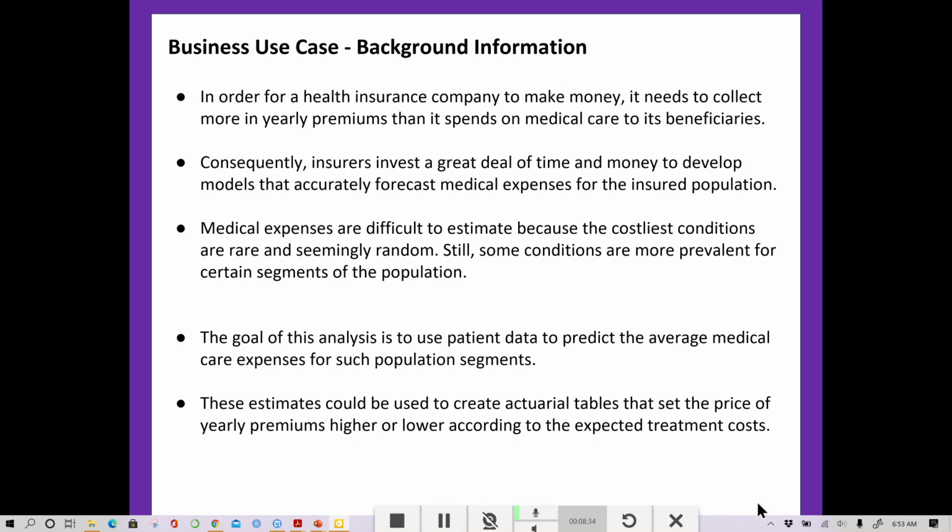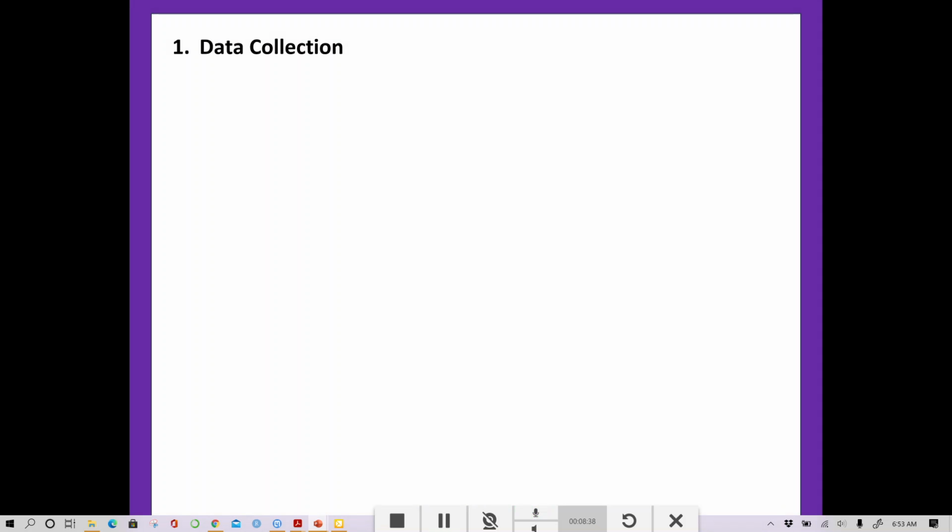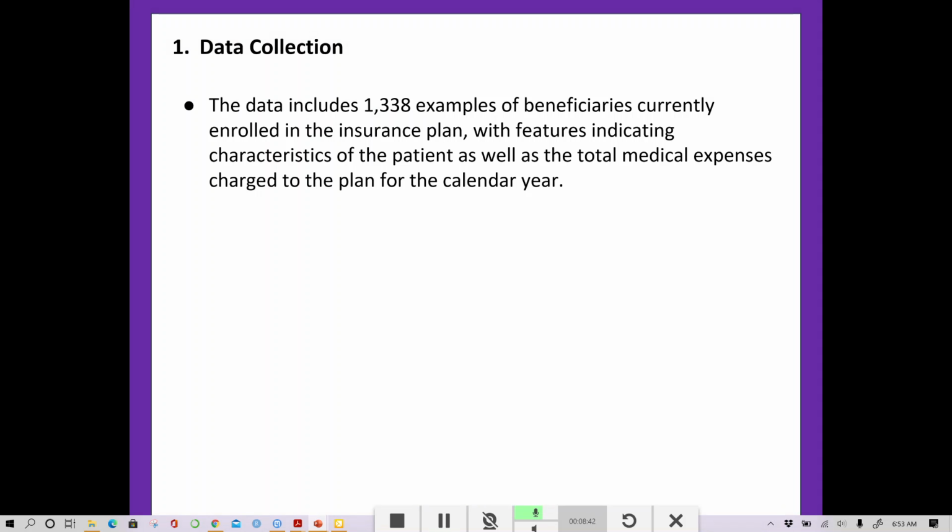So at this point, we would like to look at what the data set we have on these patients contains. The data we have includes 1,338 examples, or profiles, of 1,338 patients who are currently beneficiaries of the company's insurance plan.